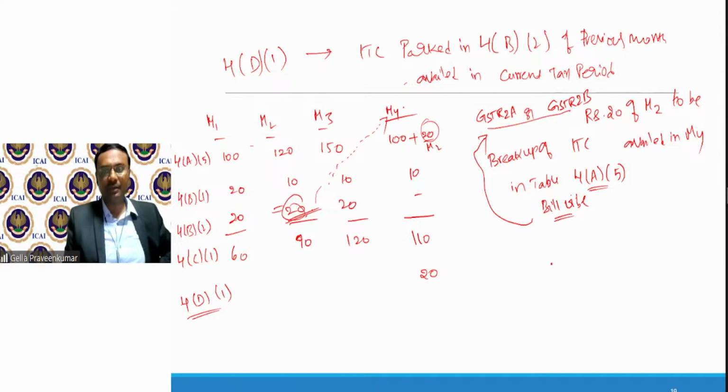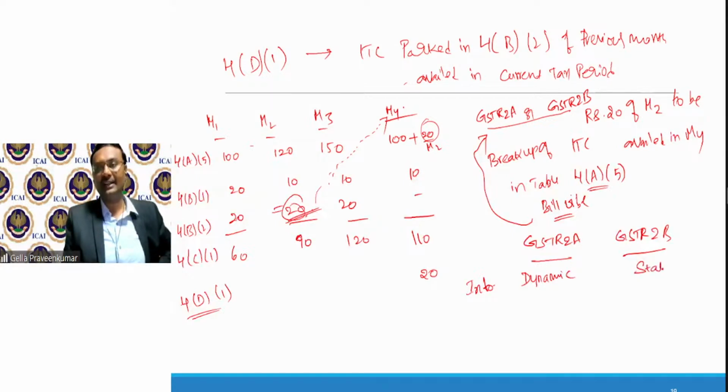Now, the next question Namrata is asking, what is the difference between GSTR-2A and GSTR-2B? The answer to that question: information in GSTR-2A is dynamic. Information in GSTR-2B is static.